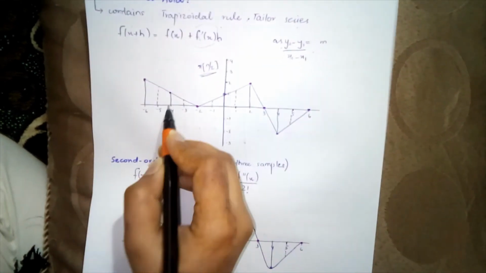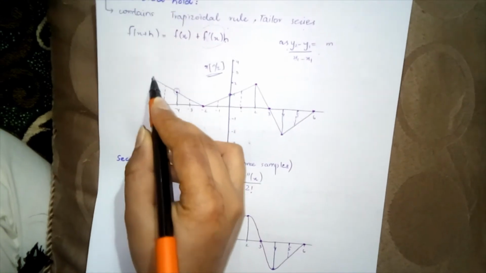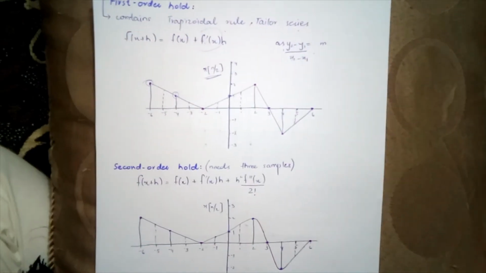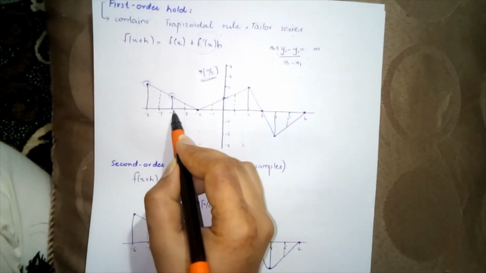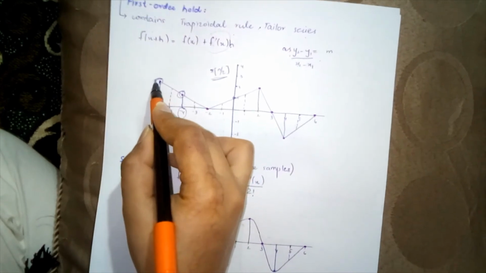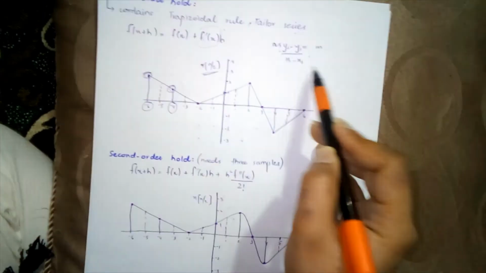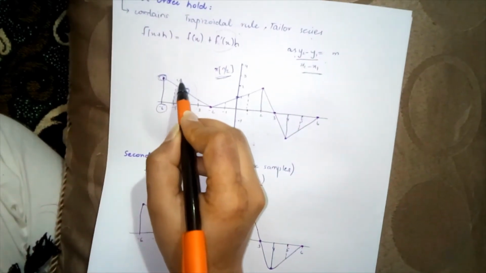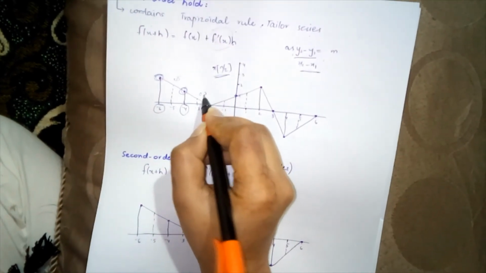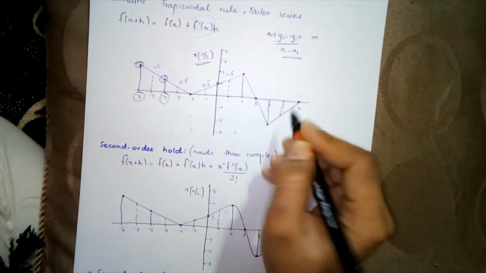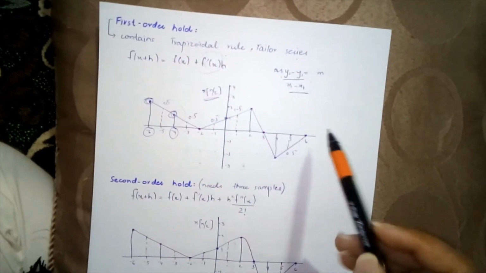If we take the average values of this and this signal, we have the slope. This is the value of y2, y1, x2 and x1. If we put these values in this formula, we get values equal to 1.5, 0.5, 0.5, 1.5 and 0.5. So this is all about the first order hold.